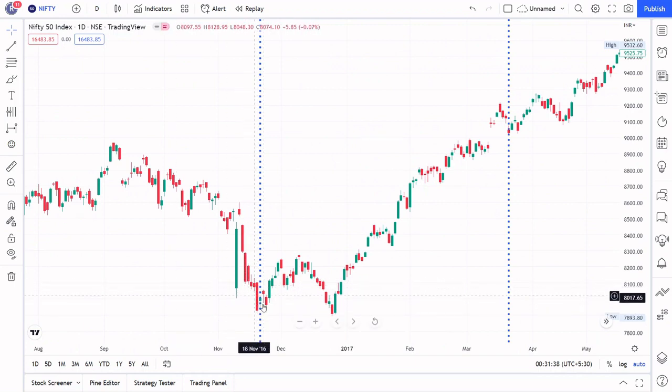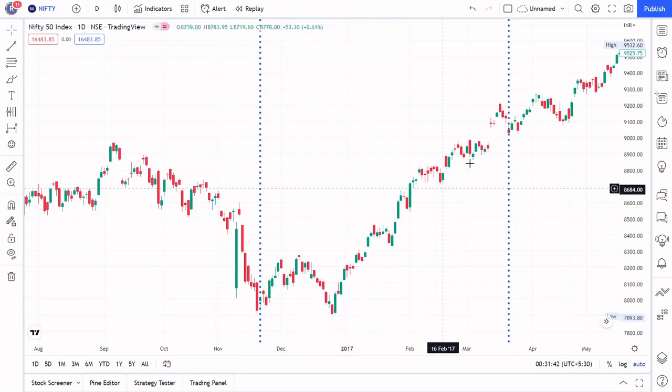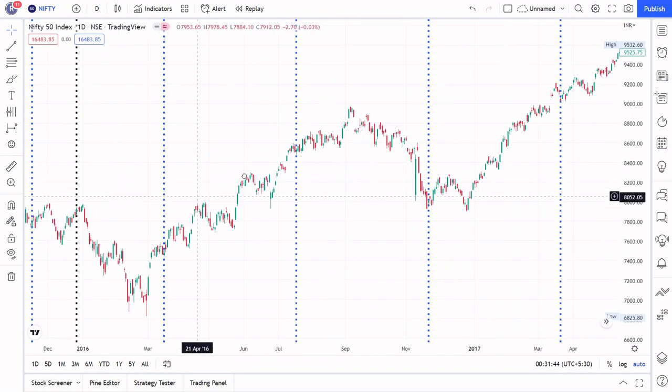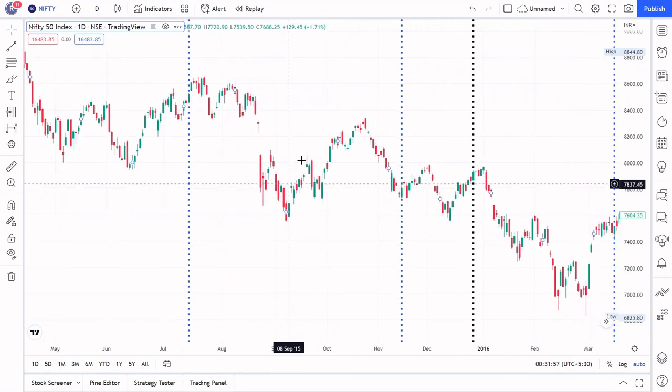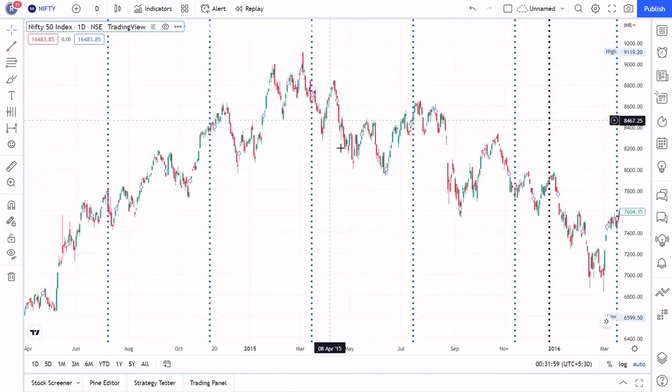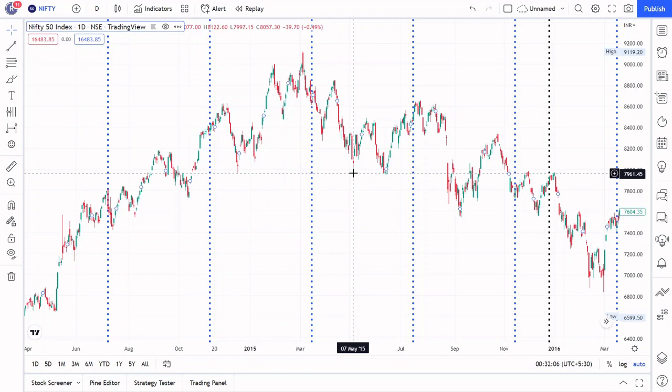Over here, it went up, came down and again went up. If you see over here, a high was made just 3-4 days later and thereafter it came down. I won't get into many more examples, and once you plot it on your screen, you can find it yourself.